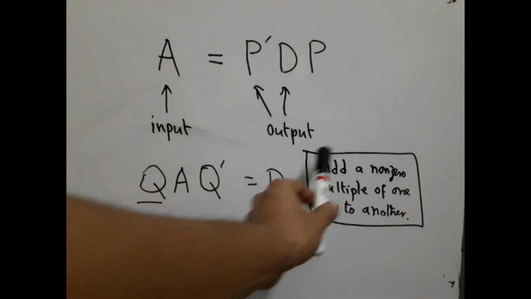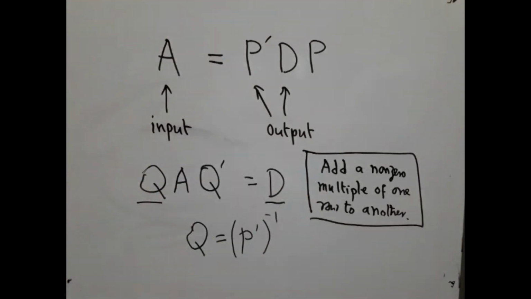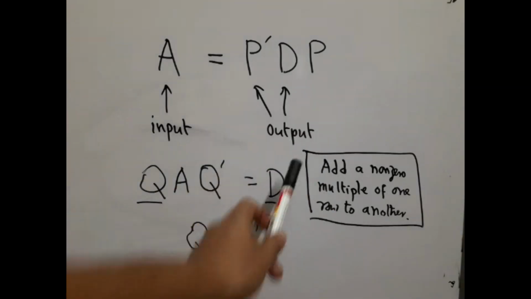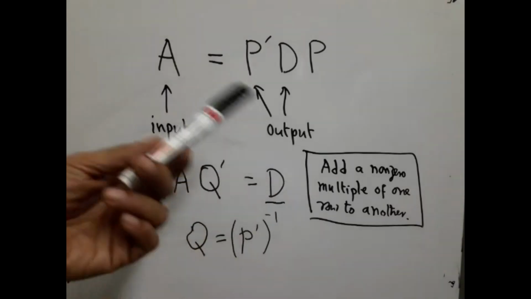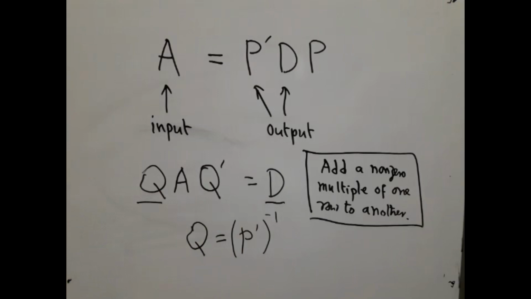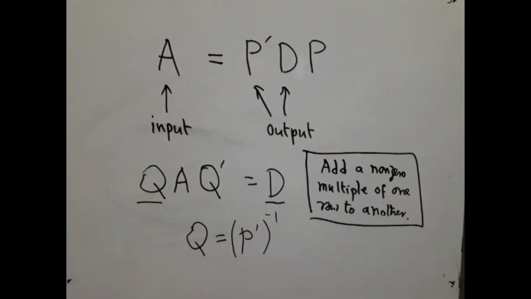So, this is actually a non-singular operation. That is, if you do this, you can recover your original rows from this. Now this is what is done by Q. So Q transpose will do just the same thing for columns. Add a non-zero multiple of one column to another. Now let us see how we do the algorithm by taking a simple example.